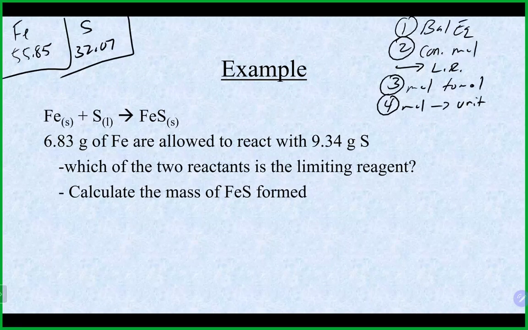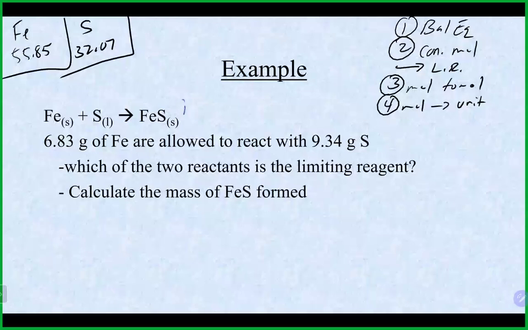So again, follow along. Okay, let's take a look and see how you're doing. Once again, we're going to approach this like a stoichiometry problem. We have a balanced equation, so that's good. We are given 6.83 grams of iron and 9.34 grams of sulfur.